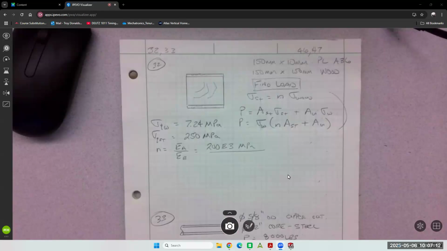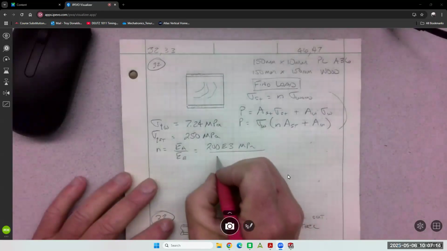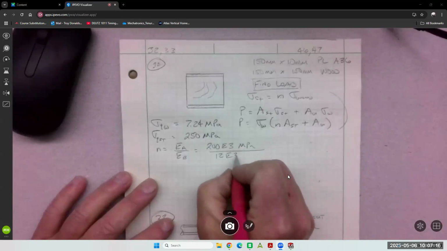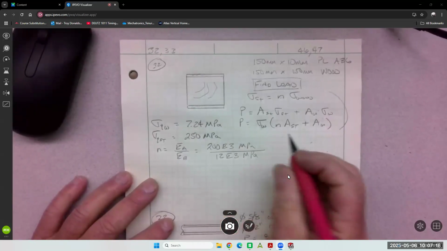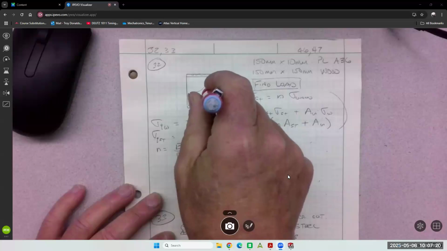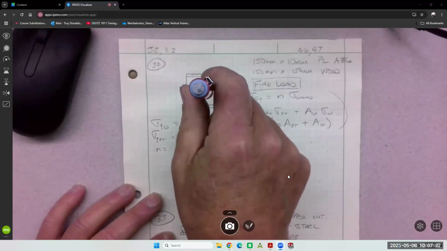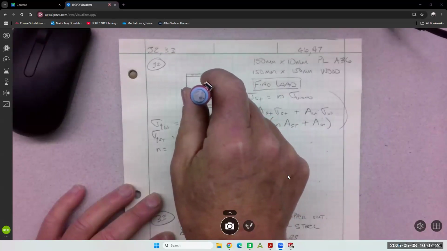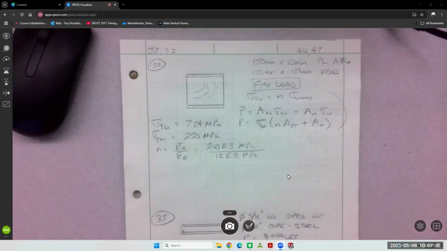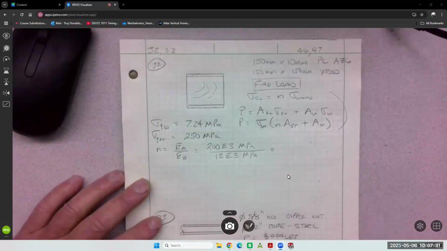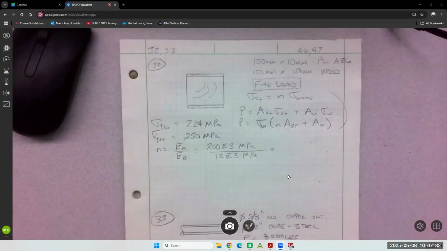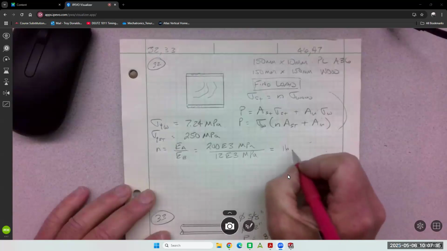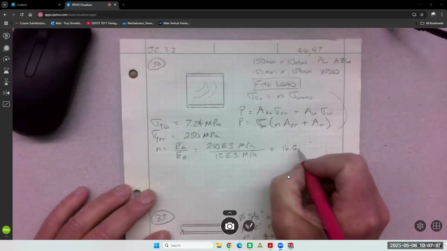I was curious with this. It's not parallel. So we're looking straight down it, so the load grade is that way. So what do we get for the N value? 16.67.